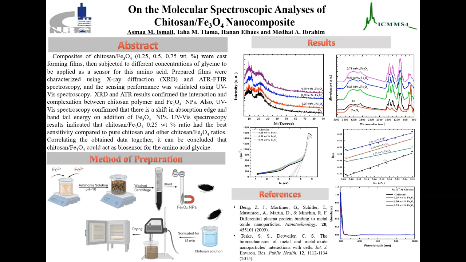Also, UV-visible spectroscopy results indicate that chitosan with 0.25 iron oxide ratio has sufficient sensitivity compared to pure chitosan and other chitosan iron oxide nanocomposites. Correlating the obtained data together, it can be concluded that chitosan iron oxide could act as a biosensor for the amino acid glycine.